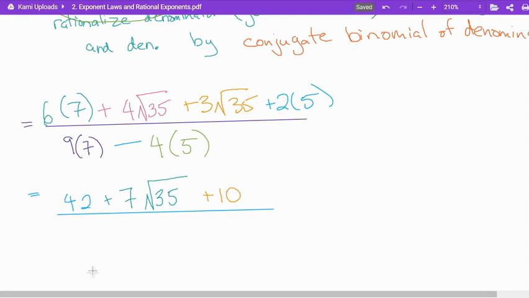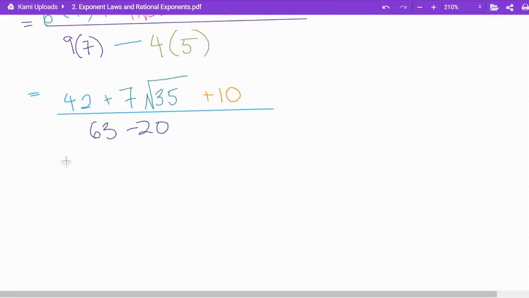Who else thinks they're a rock star at multiplication tables? Lila, do you know 9 times 7? Nice. And 6 times 3 minus 4 times 5 is minus 20. All right. This isn't so bad. Okay. 42 plus 10 is 52, plus 7 root 35 over 63 minus 20 is 43.